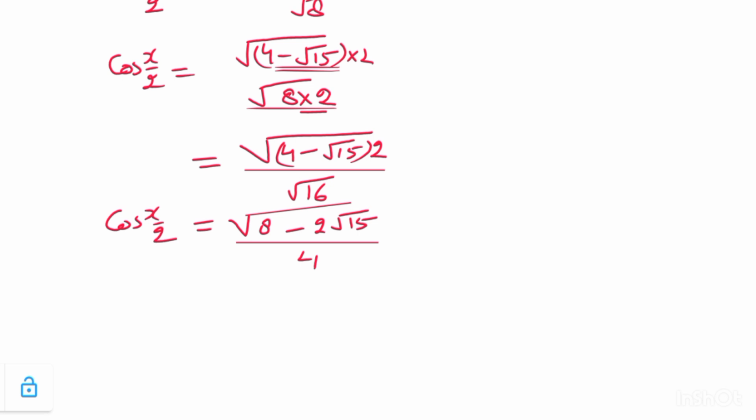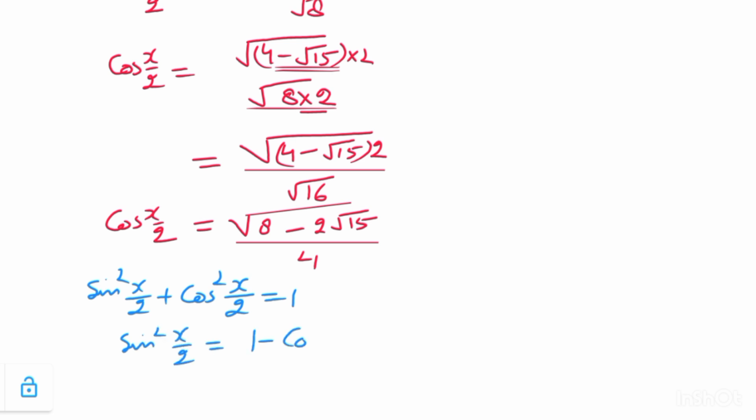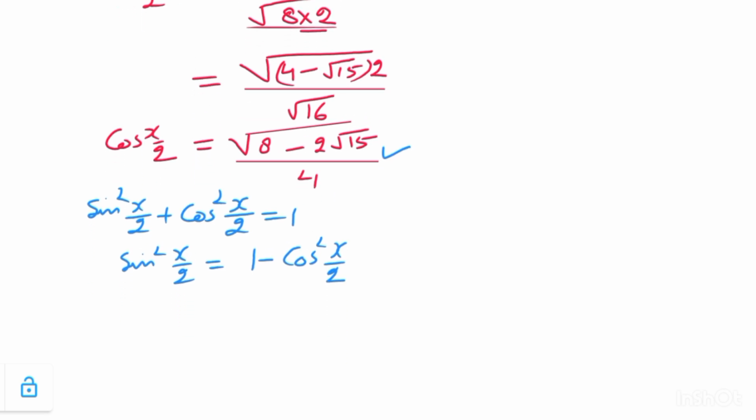Now from cos x by 2 we can find out the value of sin x by 2. As we know, sin square x by 2 plus cos square x by 2 is equal to 1. So sin square x by 2 will be equal to 1 minus cos square x by 2, and cos x by 2 is this.